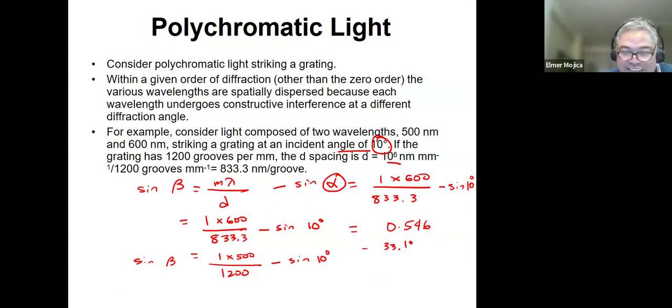So what if instead of the 600, we have the 500, which has a distance? Or that's not really what we call a distance.